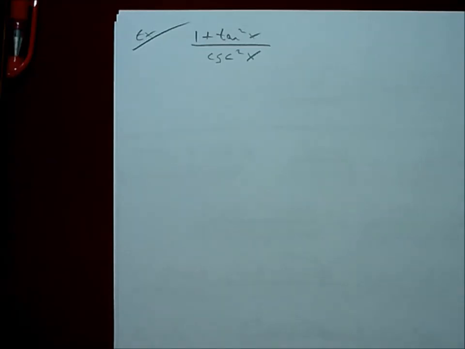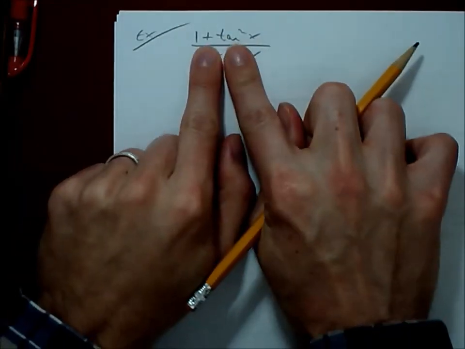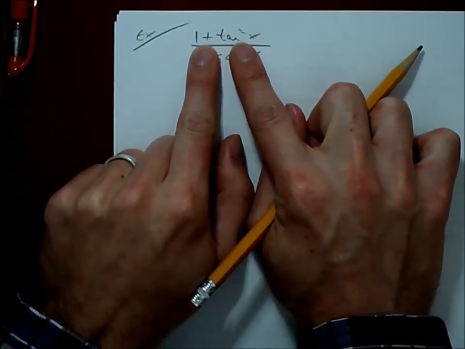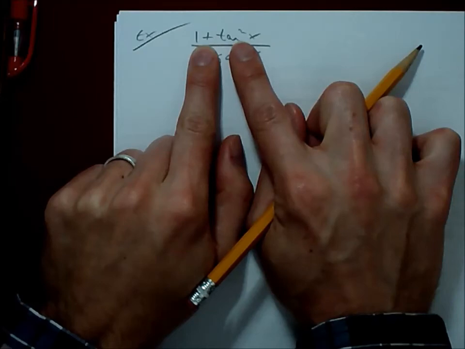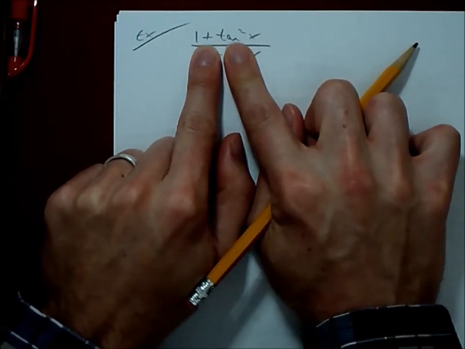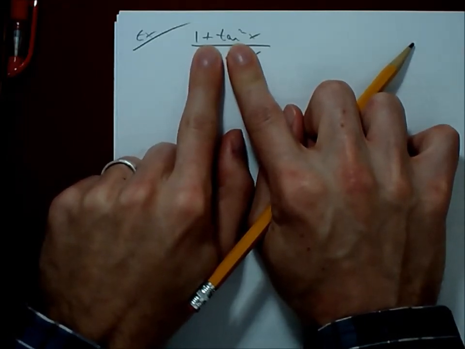Wait, no. I lied. Let's back up. That is not an excellent idea. Well, it is an excellent idea. But you might see right off the bat, you've got 1 plus tangent squared. Which means we should look at which class of identity? A Pythagorean one. So is 1 plus tangent squared equal to anything?